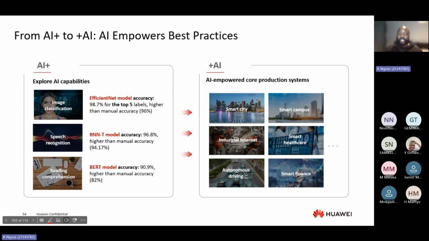So instead of recreating the whole image classification program, you can just use EfficientNet because it's been trained for image recognition. You just have to twist it a bit to align it to the scenario you are working with.